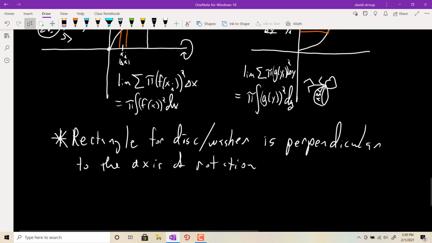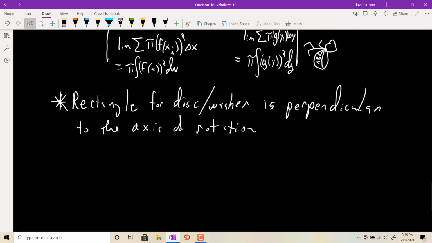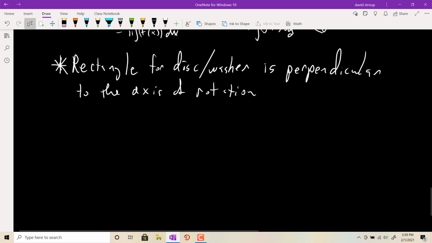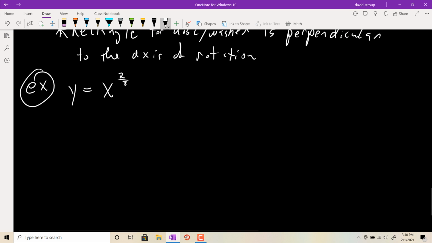Okay, so let's look at an example of vertical, or y-axis, rotation. They give you y equals x to the 2/3, which is basically like a square root type thing in the end. Let me draw it.